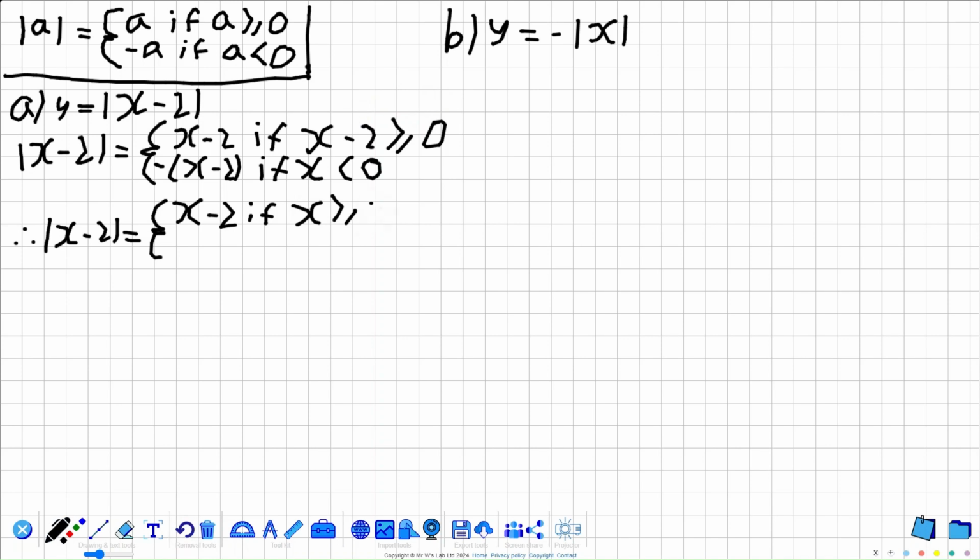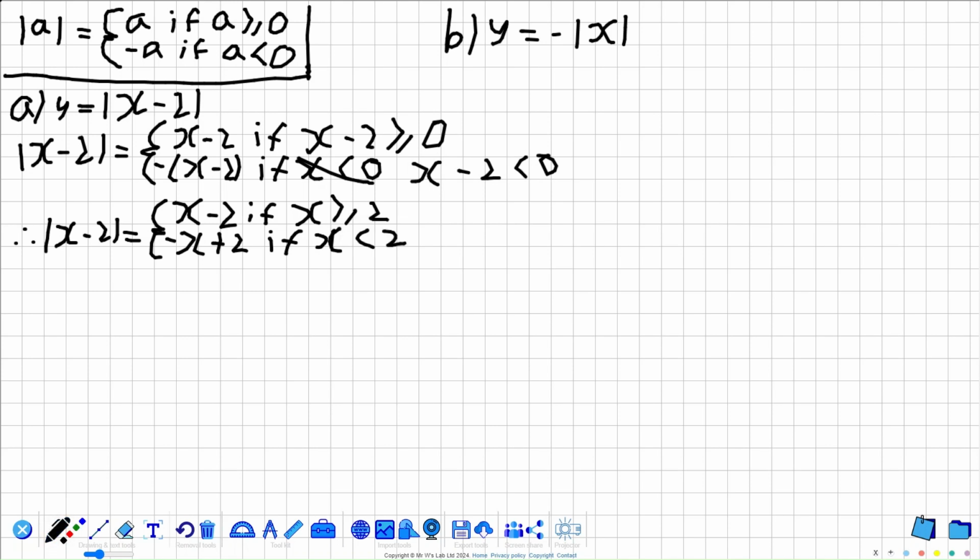And then this will be negative x plus 2 if x minus 2 is less than 0, so then this one will be x is less than 2.